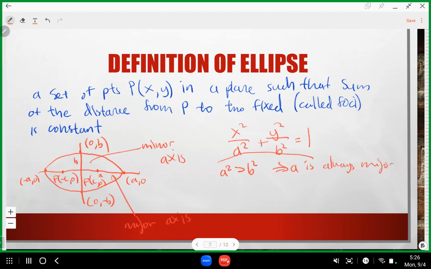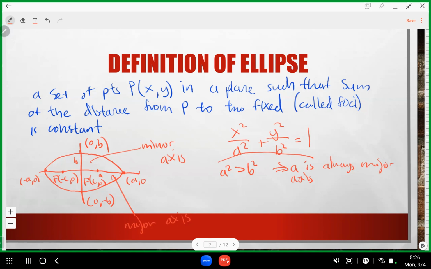You can see that the length of the major axis is 2a, right? And the length of the minor axis is 2b. And no matter what, if a is the denominator for x squared, then the major axis is going to be horizontal.